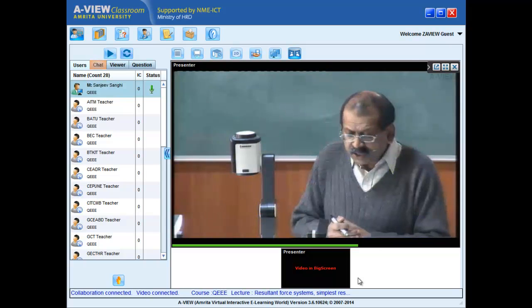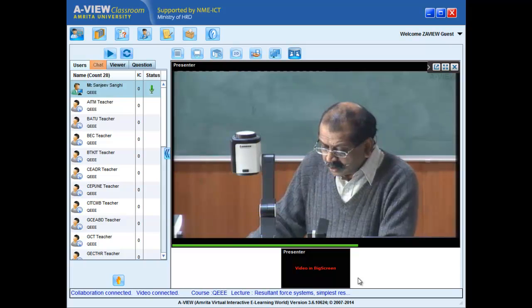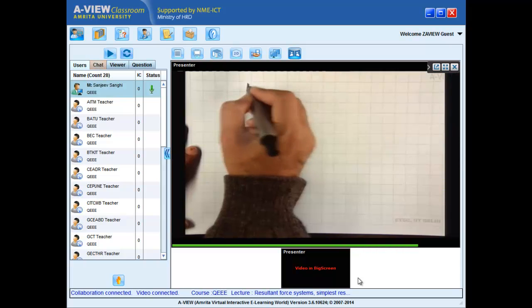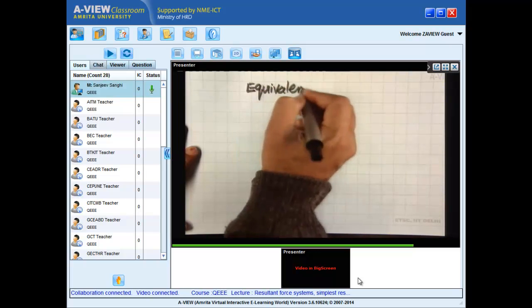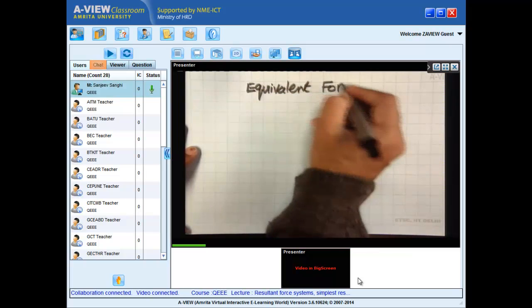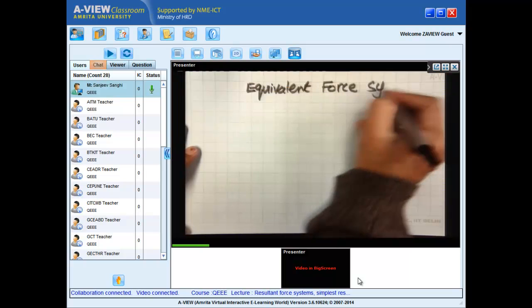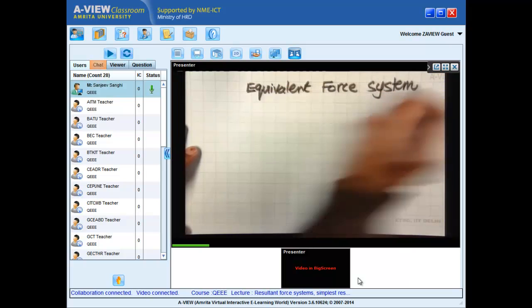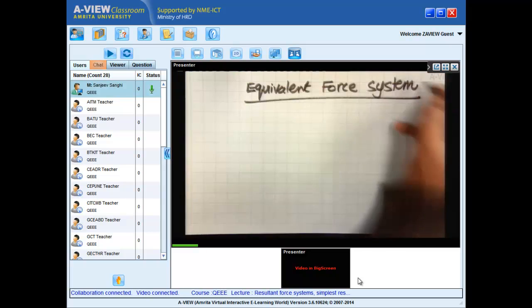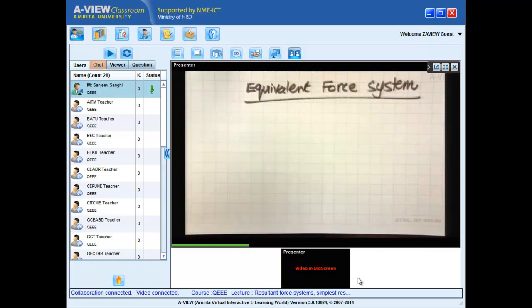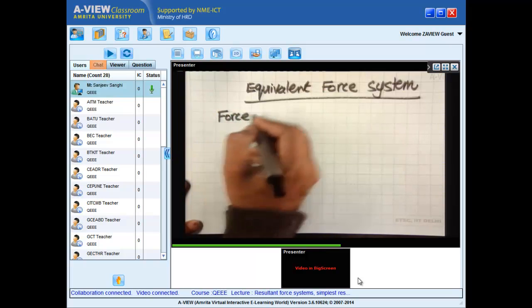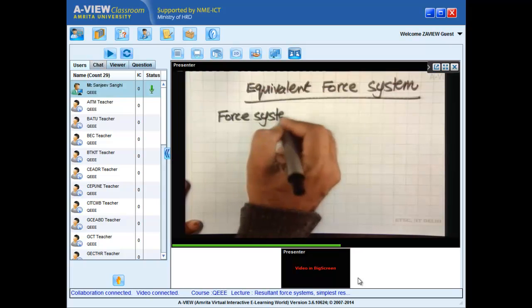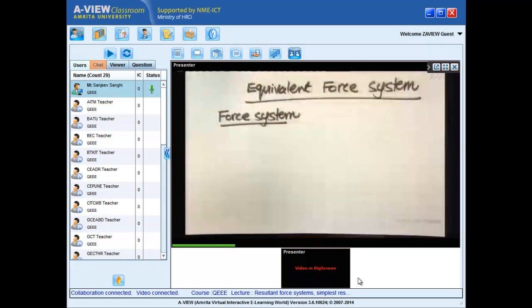So having seen the moment of a couple, we now move on to the next concept, the concept of an equivalent force system. Firstly, let's see the meaning of a force system.